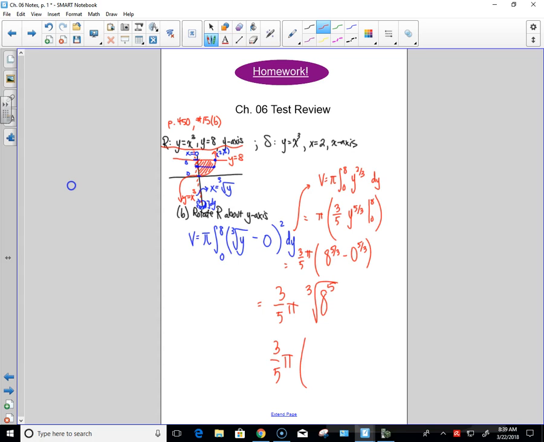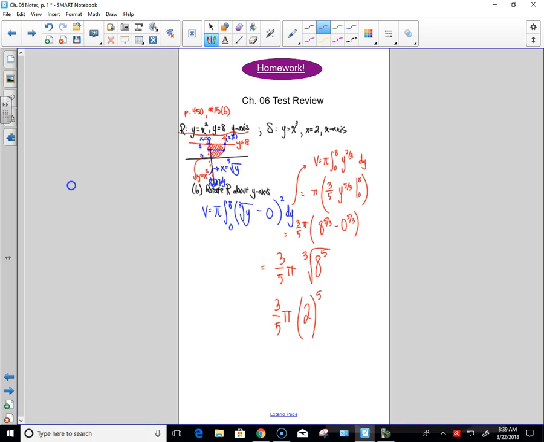Isn't the cube root of 8 just 2? And then I just need it to the 5th power. Then 2 times 2 is 4, times 2 is 8, times 2 is 16, times 2 is 32, and 32 times 3 is going to be 96 pi over 5. I believe. I did that kind of fast. 4 and 4 is 16, 16 and 2 is 32, 32 and 3 is 96. Yeah, 96 pi over 5. Definitely could have been a multiple choice by hand.